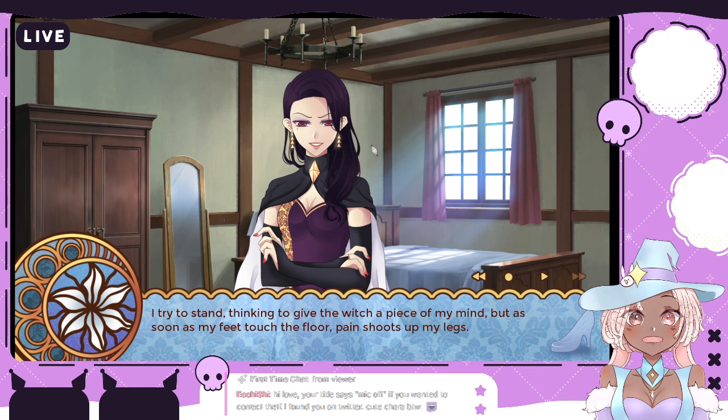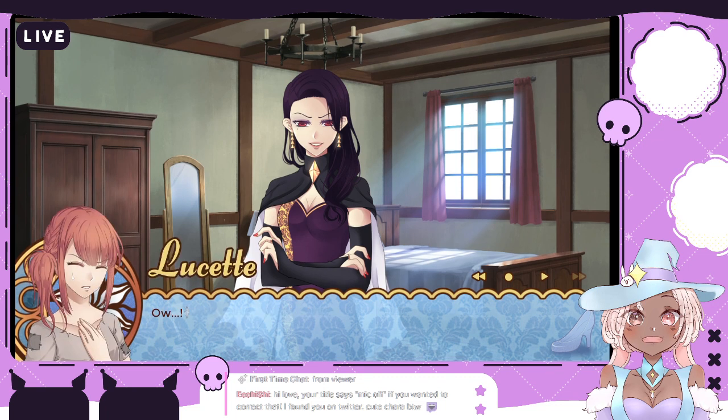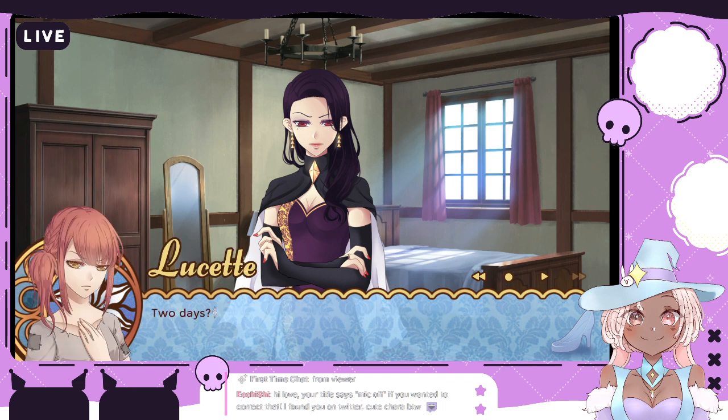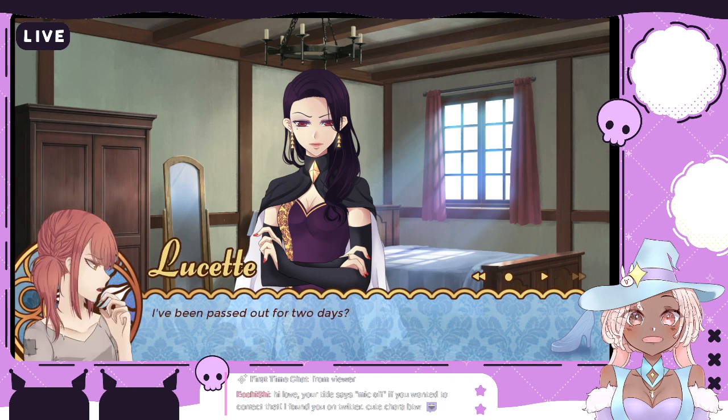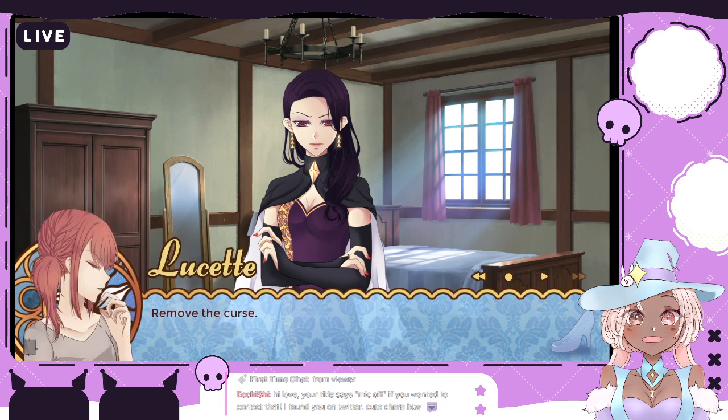But as soon as my feet touch the floor, pain shoots up my leg. I end up falling back to the bed. Ow! You should be more grateful to the girl you just scared away. She's been taking care of you for the past 2 days. 2 days? I've been passed out for 2 days? I'm suddenly vibrating with anger.